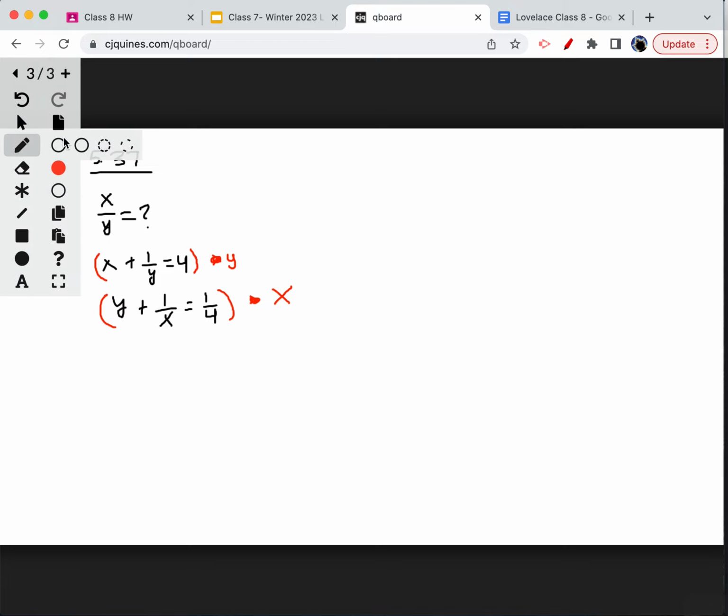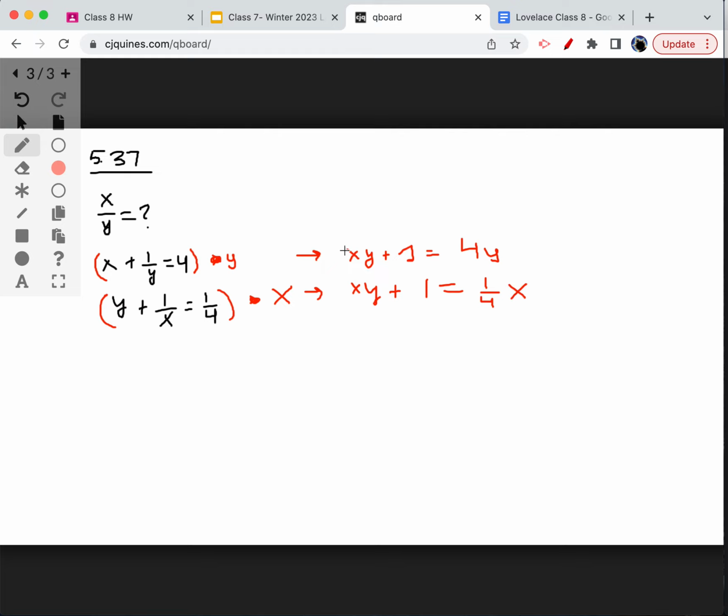Okay, so let's go over the problem now. So using my hint of multiplying the first equation by y, second equation by x, you should get that xy plus 1 is equal to 4y, and xy plus 1 is equal to 1/4 x.